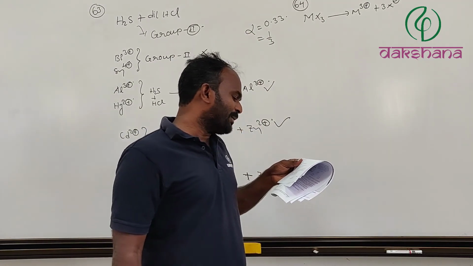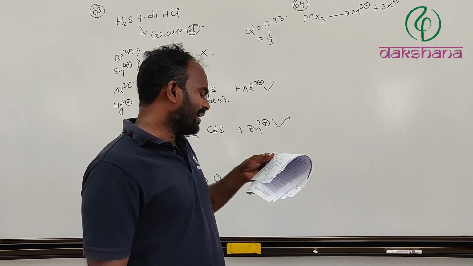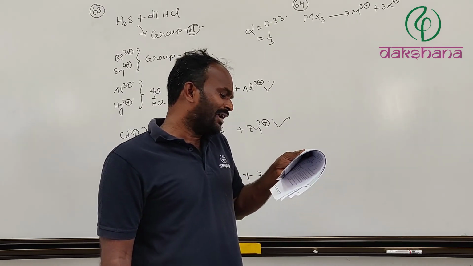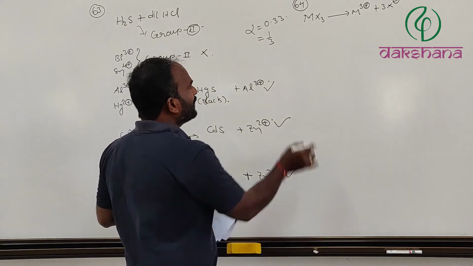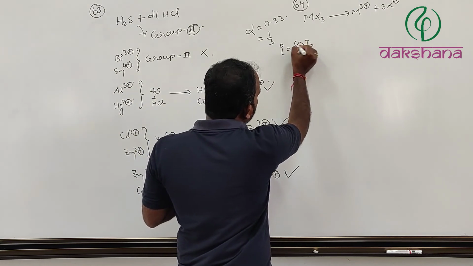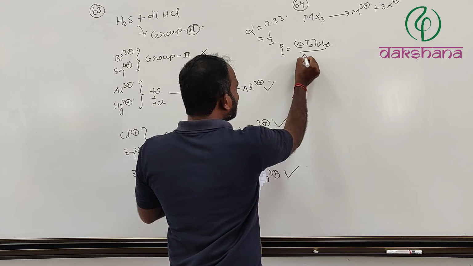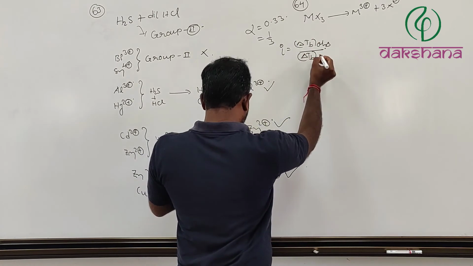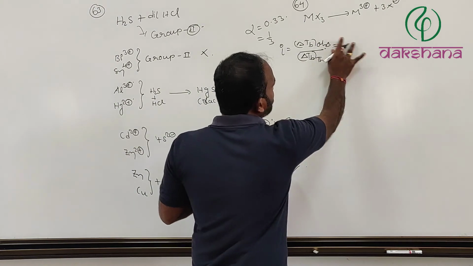The ratio of the observed depression in freezing point of the aqueous solution to the value of depression in freezing point in the absence of ionic dissociation, which is nothing but what they are asking: i is equals to delta T observed to the delta T theoretical value, nothing but the i value.